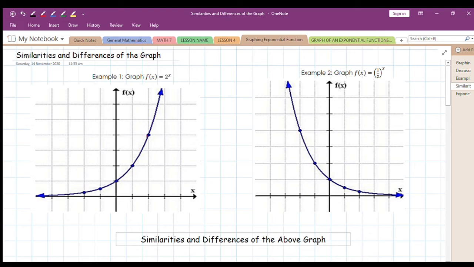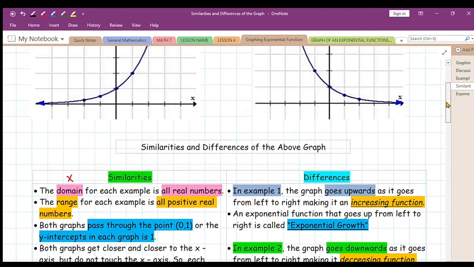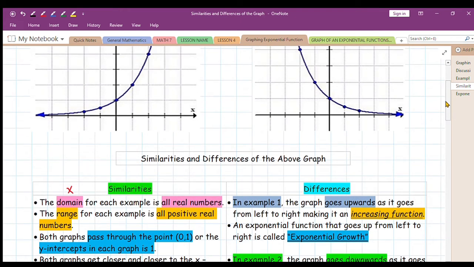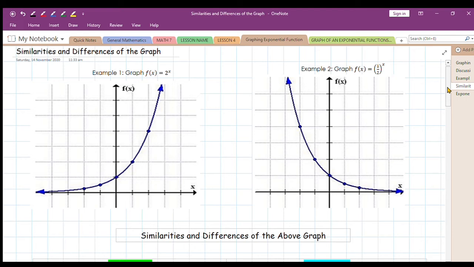And also, our domain is the set of all x values, or the set of all real numbers. The range for each example is all positive real numbers, because as you can see, we have this boundary which is called our asymptote here.